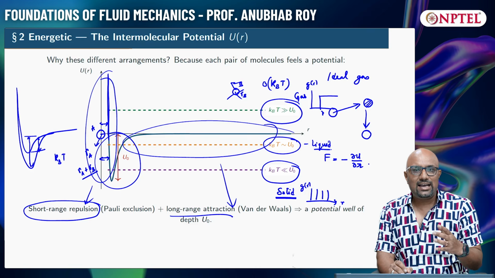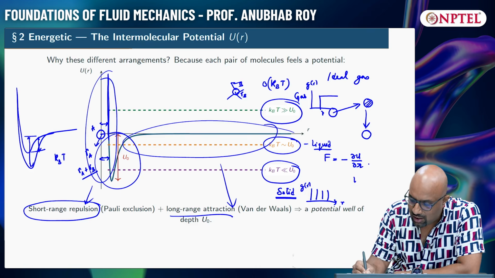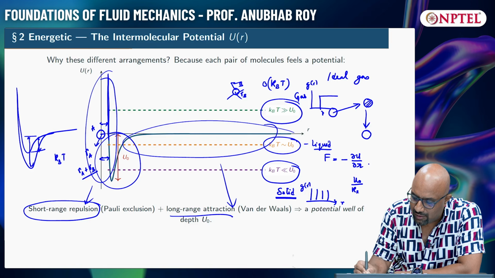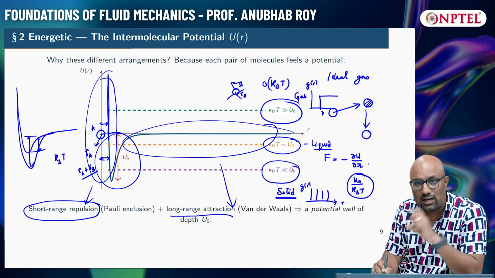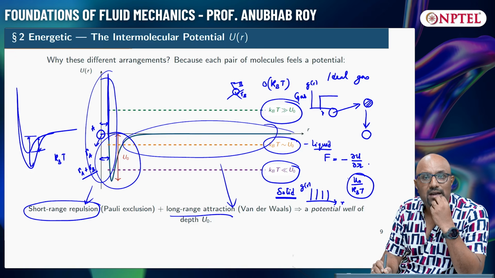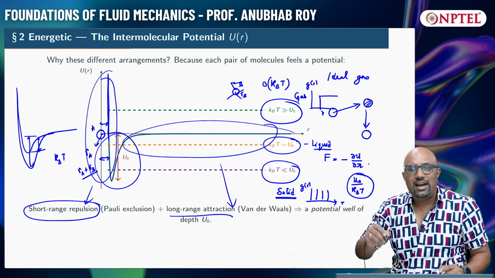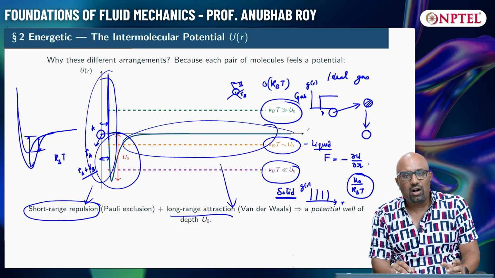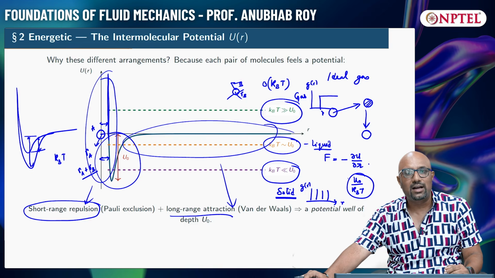So as you can see, there can be this nice classification which is based on the magnitude of the depth of the well divided by the thermal energy scale. These are two energies, and whichever energy wins decides what condensed state you are going to be in. So with this, we now have a very nice picture of what the static state is and why it is this way, what brings about this particular static state.